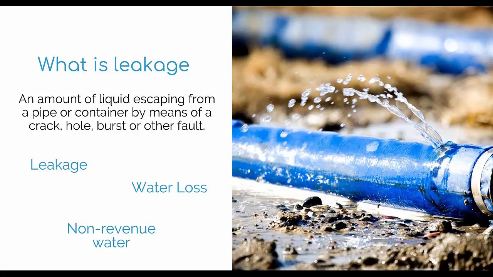And that can include bursts, and that's why, although overall it is a water loss, it is also referred to as non-revenue water. This is water that is not billable, and because of that it also includes illegal connections to water supply, people that are taking water but are not paying for it.